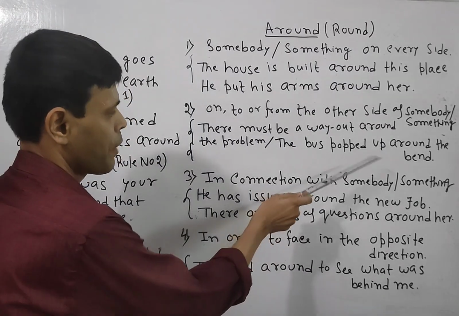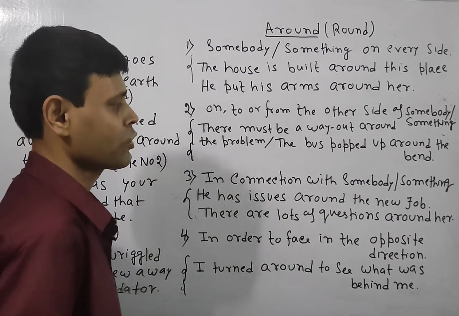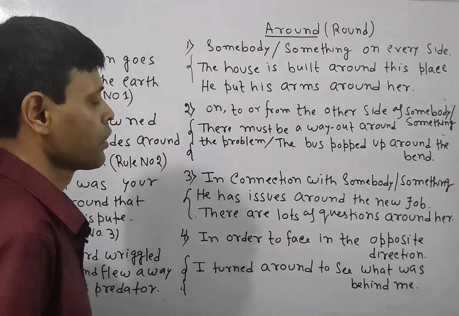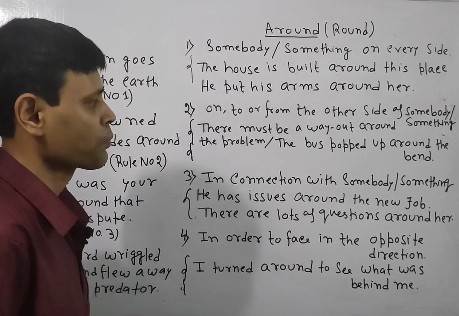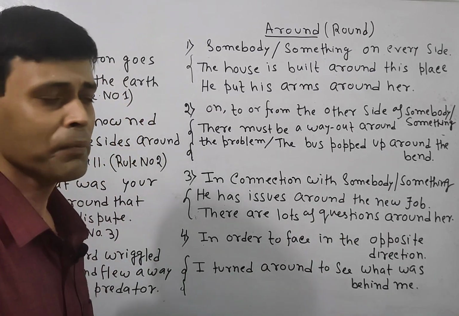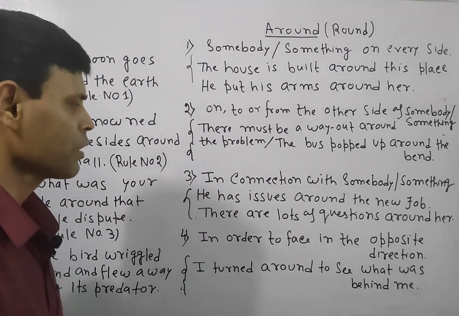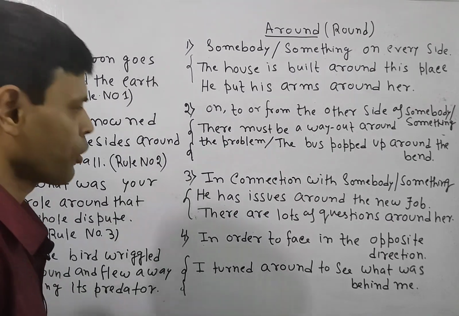The bus appeared suddenly from the other side of the bend, or the bus popped up around the bend, or the bus popped up from the other side of the curve.